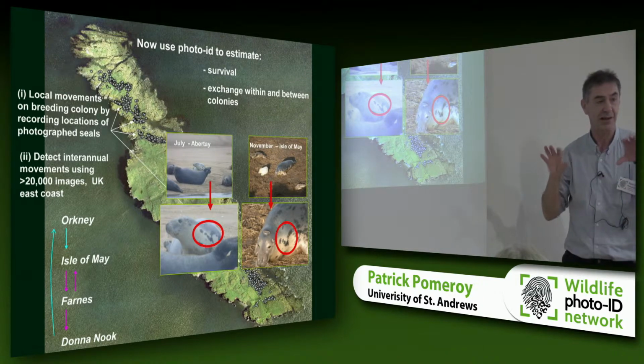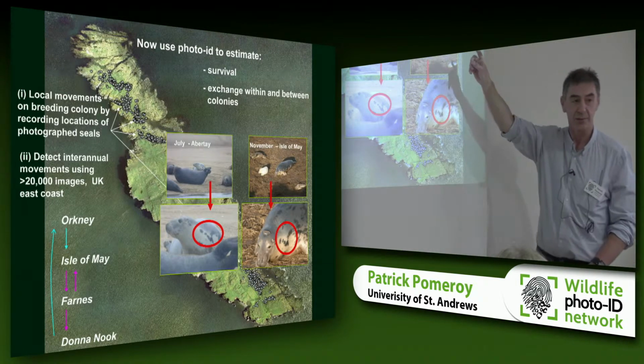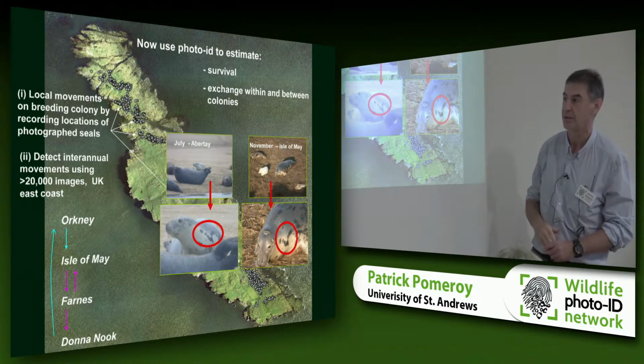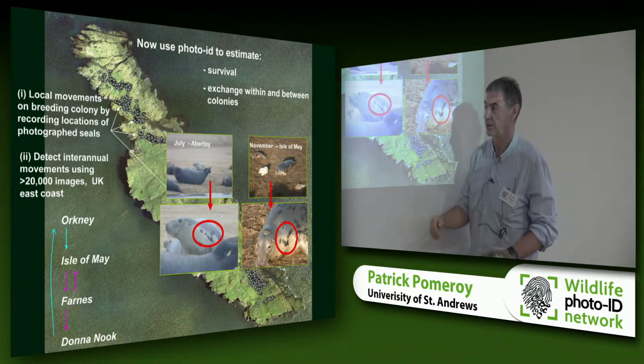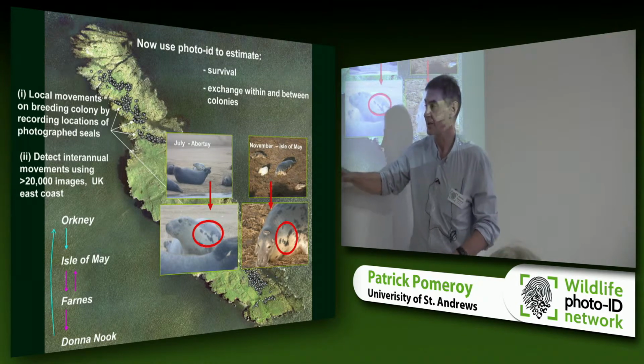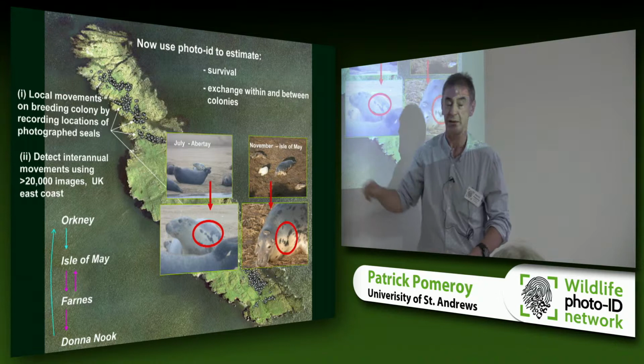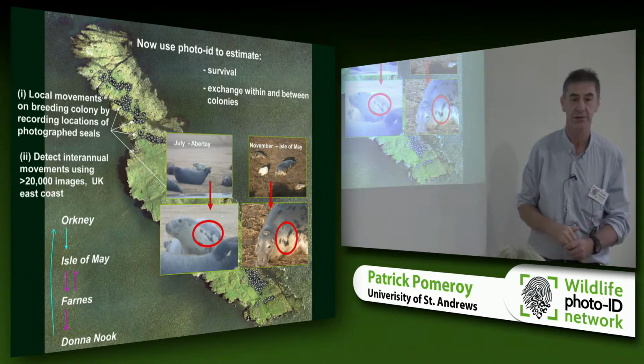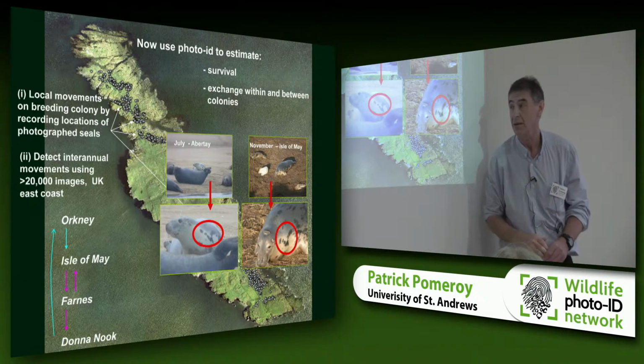So we're able to match up animals from non-breeding haulouts to the breeding colony. We're also able to show, as Lex has already mentioned, that animals do actually move between not just adjacent, but separated colonies on the east coast of the UK.